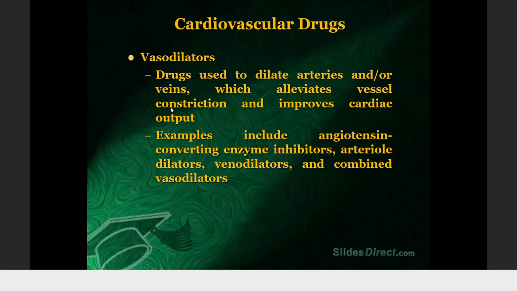Angiotensin 2 is a very potent vasoconstrictor, and also aldosterone. So by this they will dilate, vasodilation will occur, so it improves cardiac output. That's the function of ACE inhibitors like enalapril.